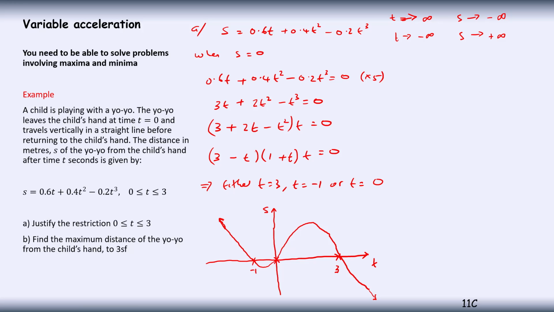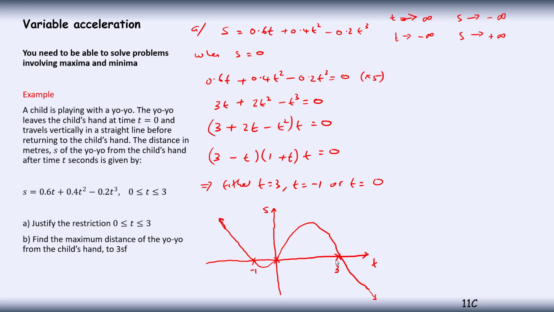Okay, so the graph is telling us a story here. We know that time cannot be negative, so we can't have negative t. We're told that the yo-yo leaves the child's hand at time t equals 0. So we're starting off at 0 here, and it travels up to a turning point, and then it comes back and hits displacement at 0 here.